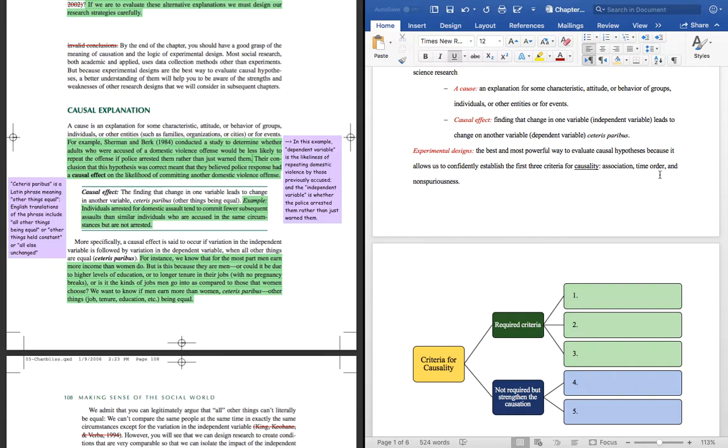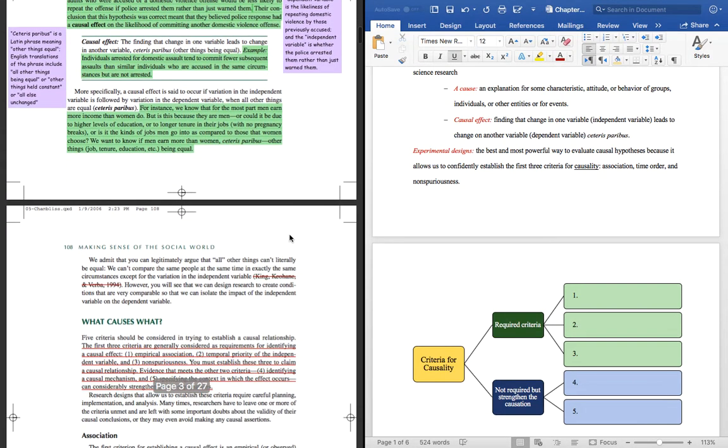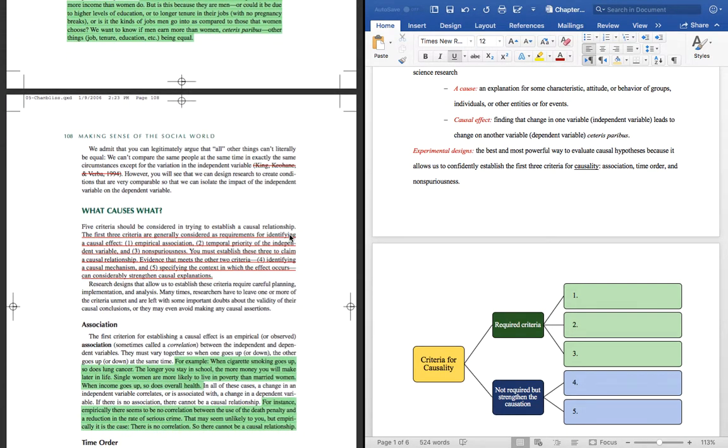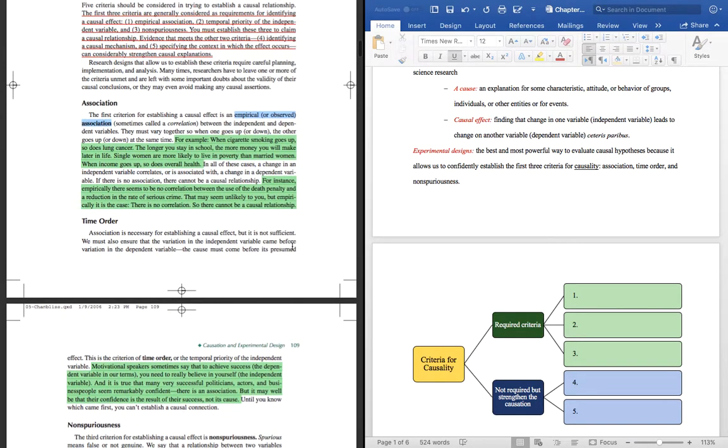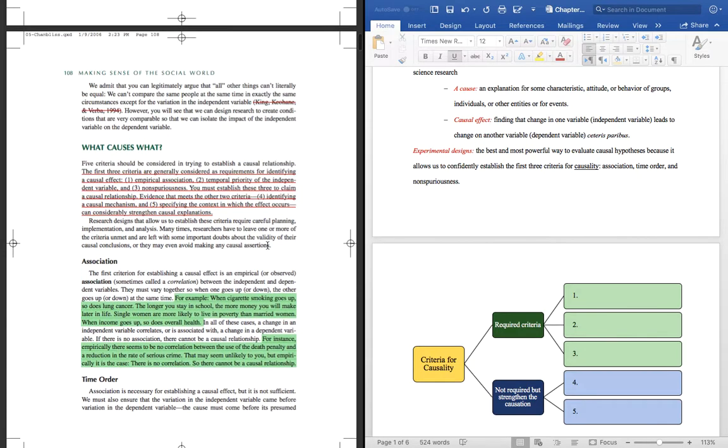You have heard of these before. Association was previously discussed in our class as empirical association, as you see here. And then time order was previously discussed in our class as temporal ordering or temporal priority. And then non-spuriousness was discussed.